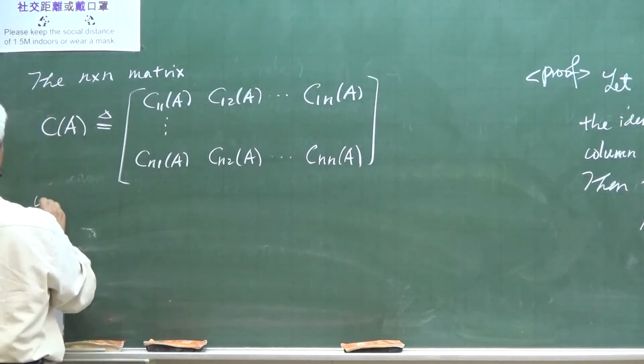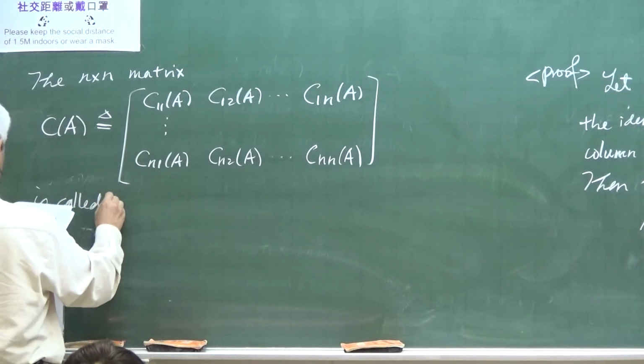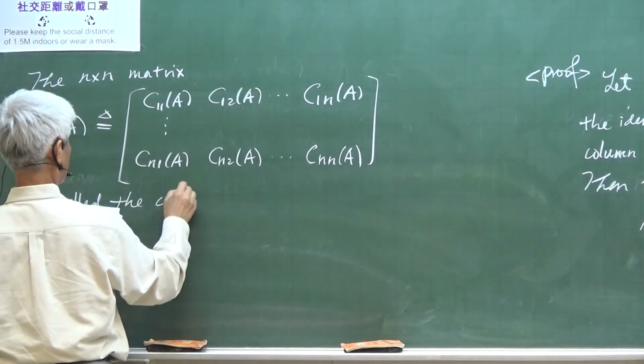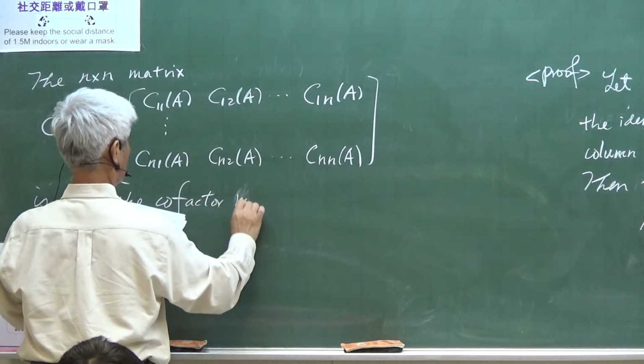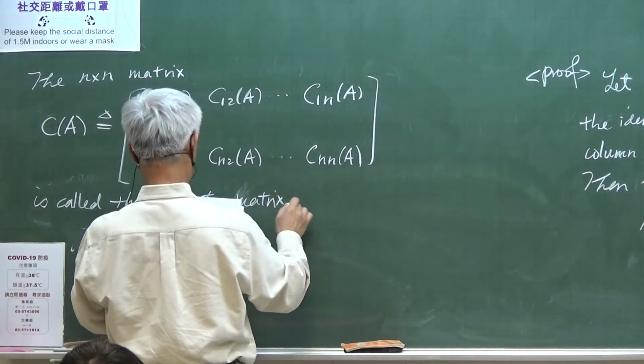This matrix is called the cofactor matrix of A.